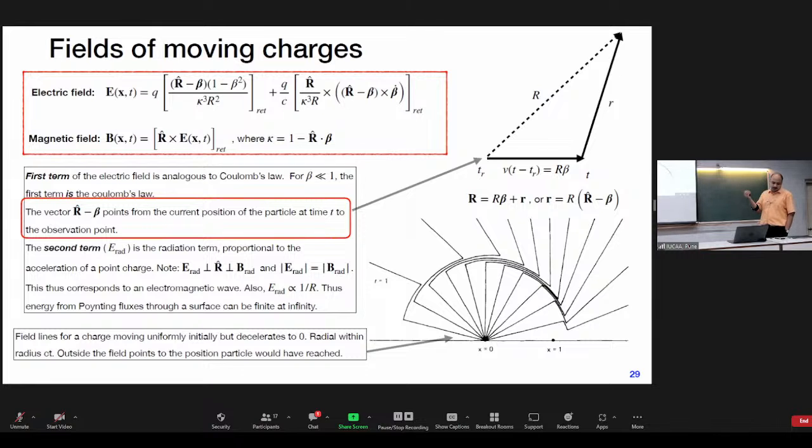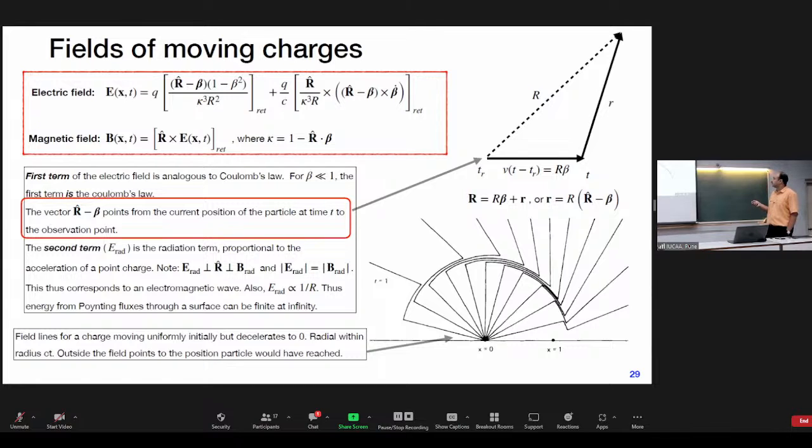Now, just going through the whole set of Maxwell's equations, the basic fundamental Maxwell's equations, you can come to this formula of the electric field. You can, if you want to, go through the whole details in Jackson. And that is not the point of our lecture.